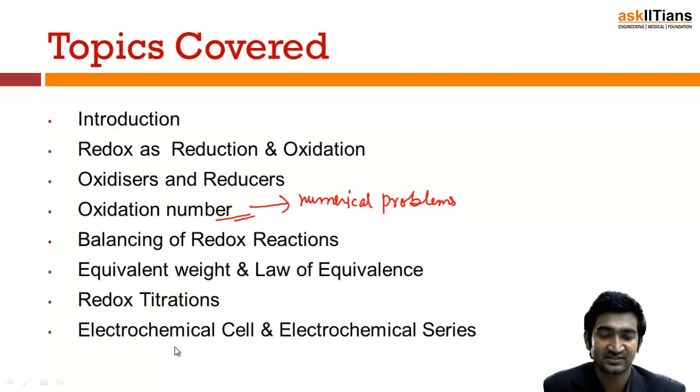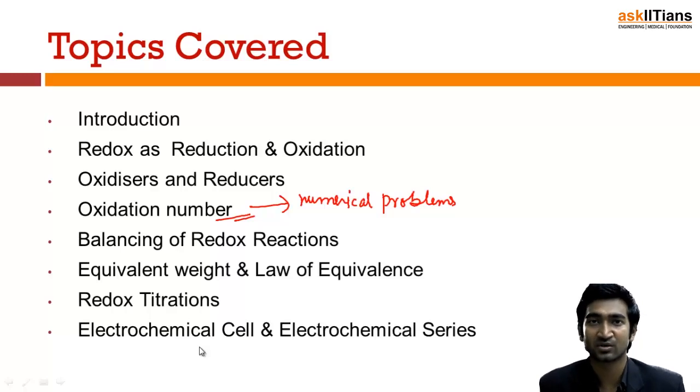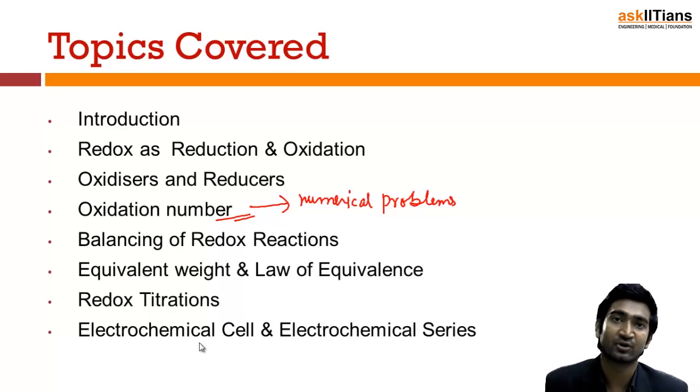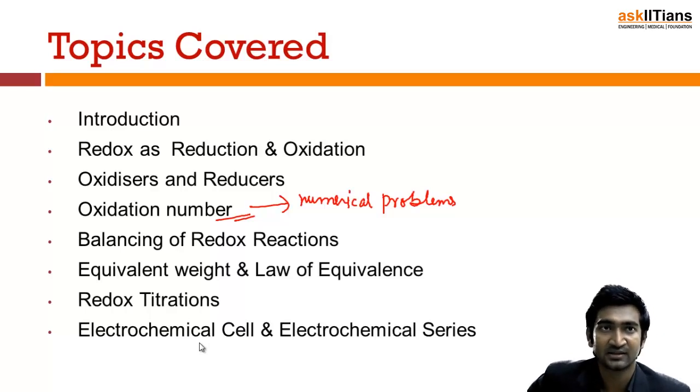Then we'll discuss electrochemical cell and electrochemical series, which includes all the spontaneous processes regarding current electricity, okay, the electric current generated by the electrochemical cell, which I will discuss. There also we have redox reactions going on.